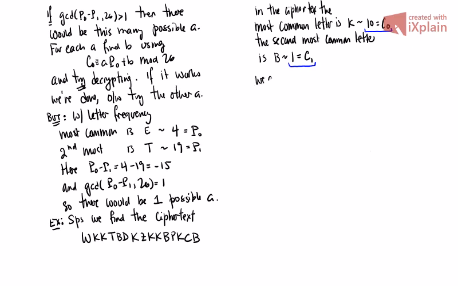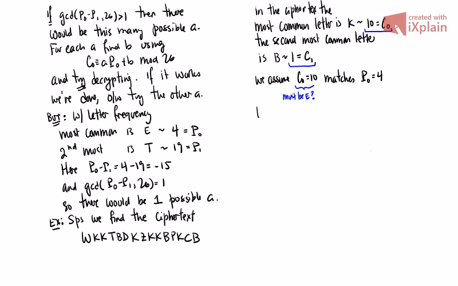So we assume that C0 equals 10 matches an E. That'd be the plaintext P0, because both of those are the letter E. We're assuming this must be E, question mark. That doesn't have to be, but probably.